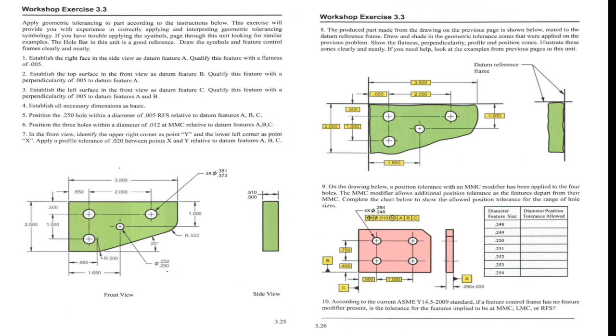So this is my position symbol, and 0.005 is the positioning tolerance, and it's regardless of feature size, with datum features A, B, and C, and this would be my datum reference frame for this 0.25 hole.